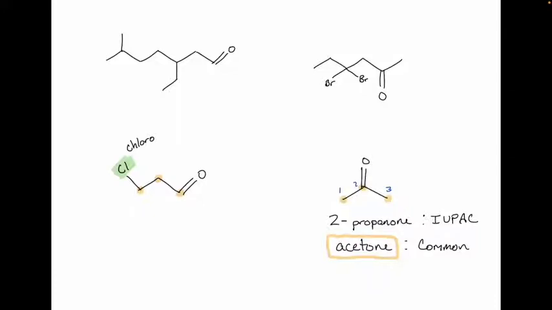Again, because this is an aldehyde, I'm going to make sure that that carbonyl carbon is carbon 1. So 1, 2, 3. Then finally, assembling it, put it all together. This would be 3-chloropropanal.